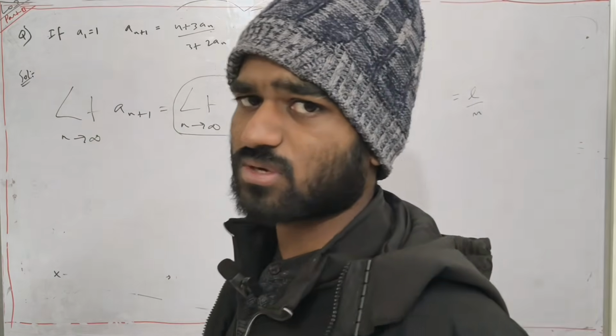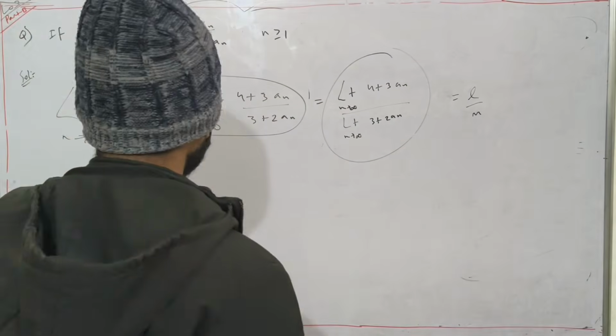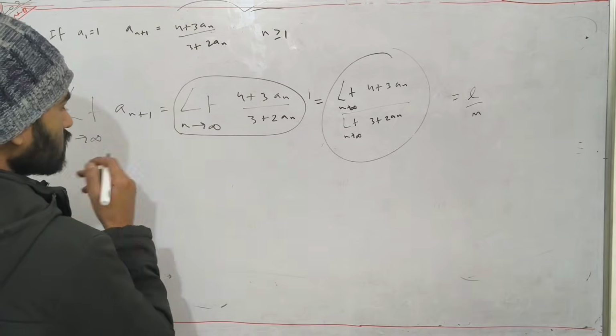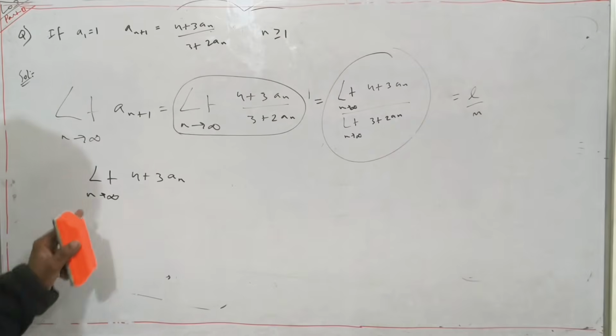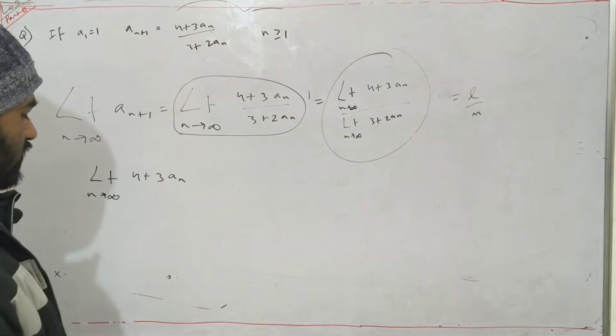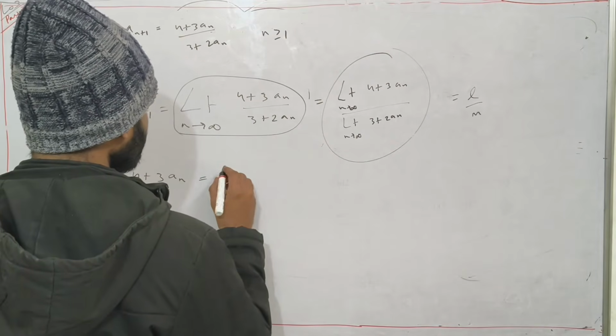Then only you can use this formula. Let's see whether they individually exist or not. Limit n tends to infinity of 4 plus 3an should exist.